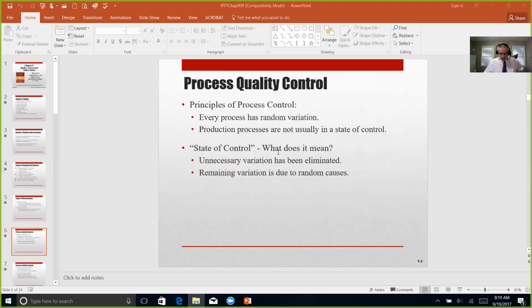The process of quality control, beginning on page 193, looks at how we go about controlling the process by utilizing inspection or testing of the product or service while it's being produced, so that we have the opportunity to stop and search for an assignable cause.